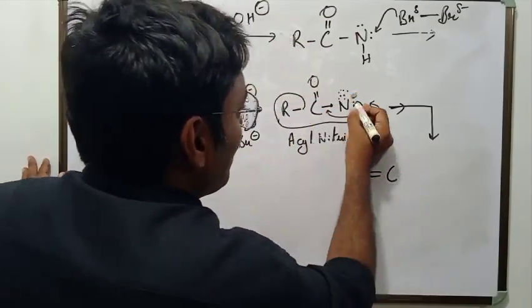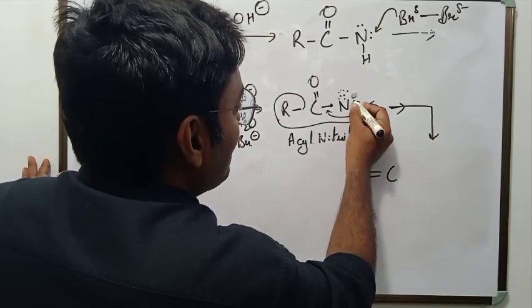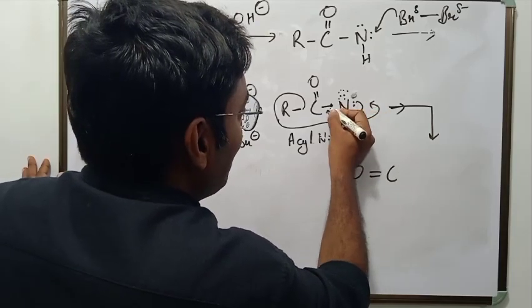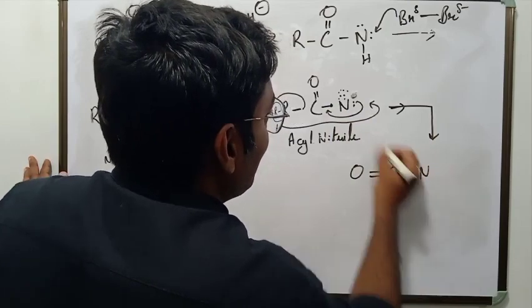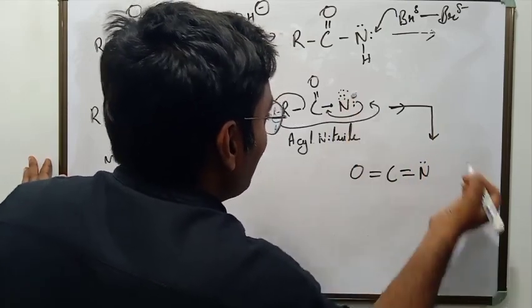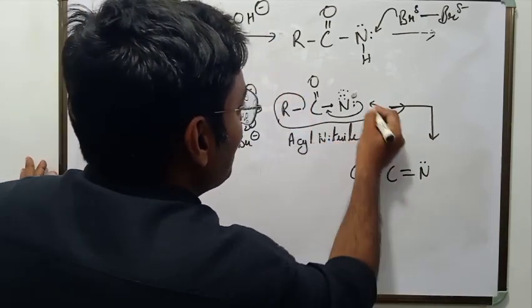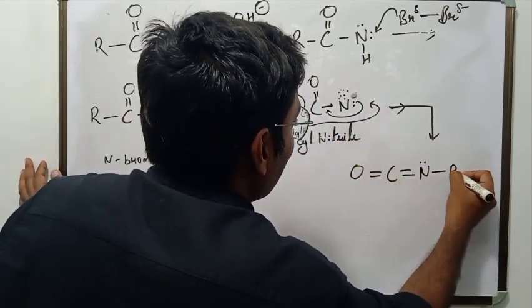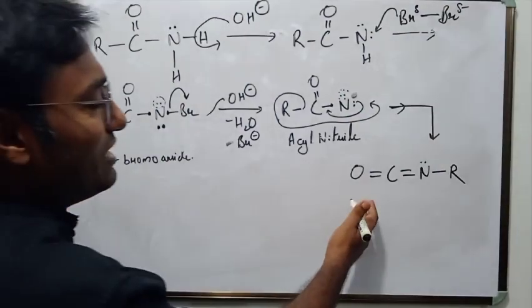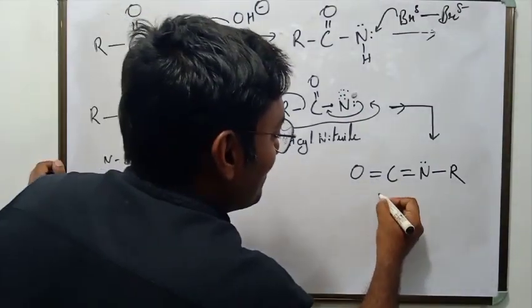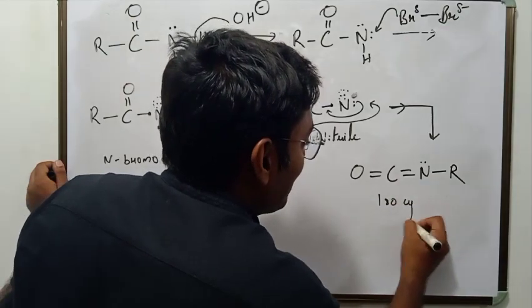Carbon. This bond pair of electrons has come here, so it's a double bond. Nitrogen, the lone pair is still here, and R has come with its full pair. So this is the result. Now we have attained the third product, which is isocyanate.